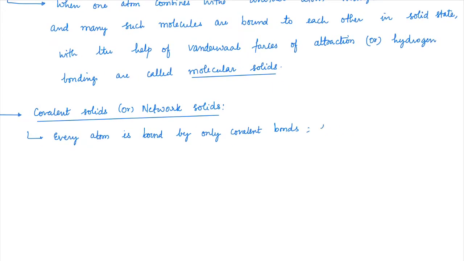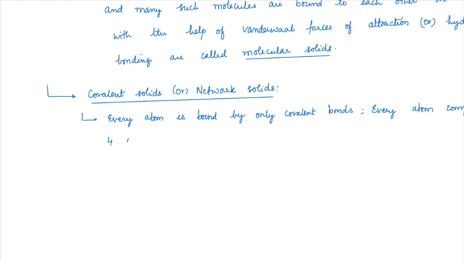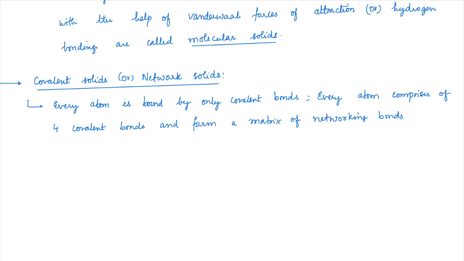You would see it is completing the octet, and another way of writing is that every atom comprises 4 covalent bonds and forms a matrix of networking bonds. When this kind of thing exists, you call them covalent solids. This results in the formation of a giant molecule.